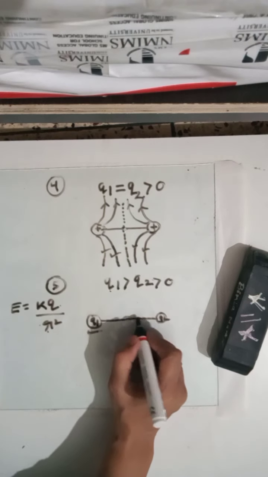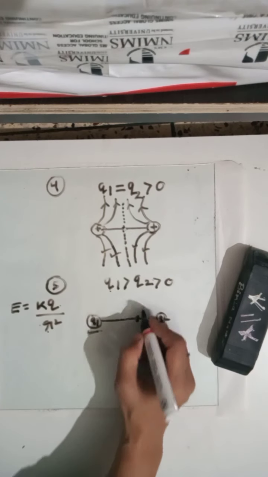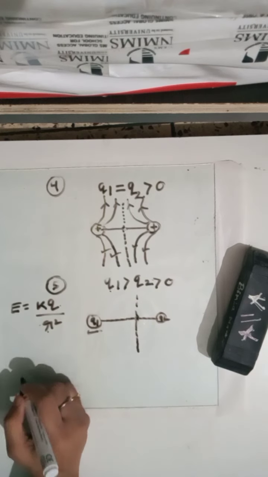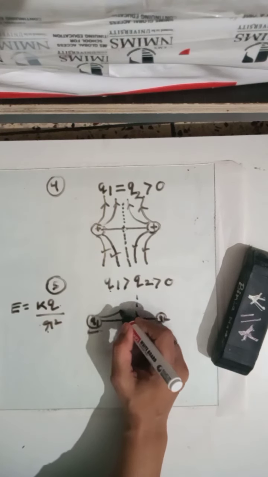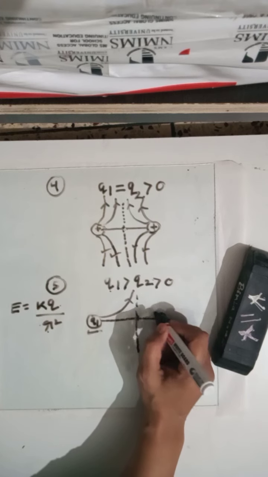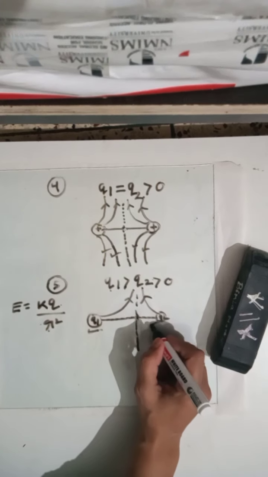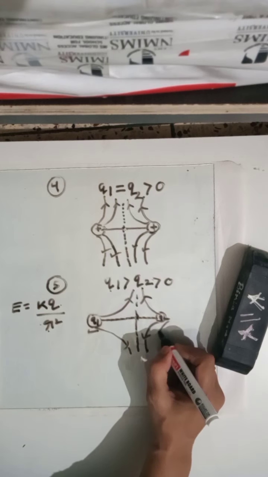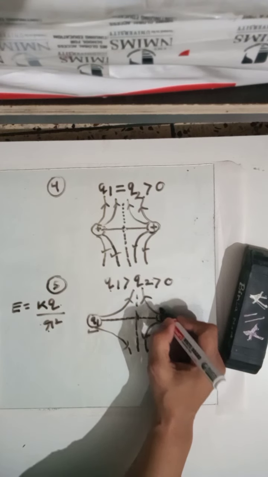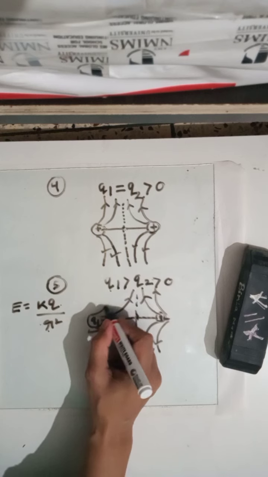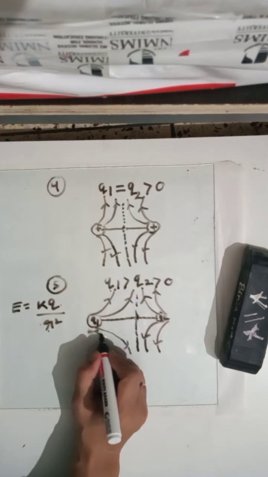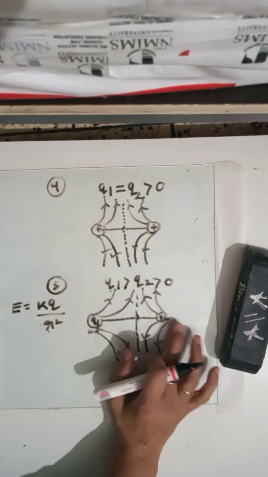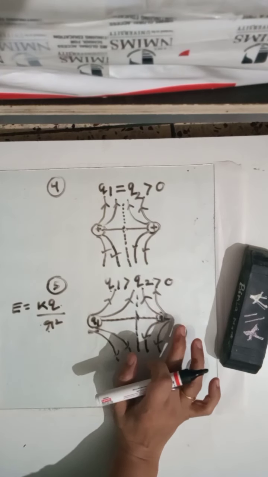That means the neutral point shifts towards the smaller charge in this way. You can see. Now this must be noted by all of you. The neutral point is not the midpoint of the line joining the two charges. It shifts towards the smaller charge.